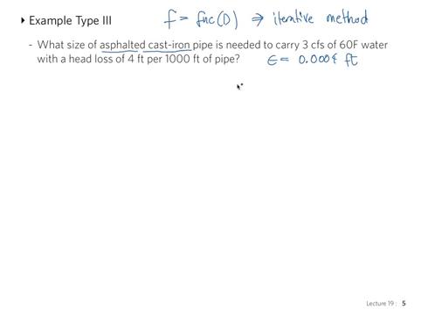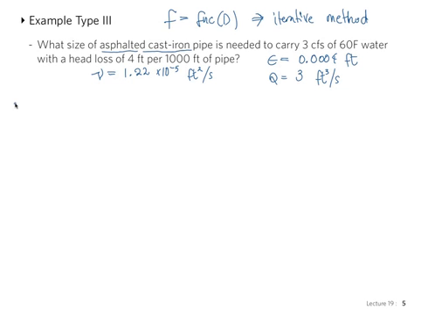We have Q equals 3 cubic feet per second, and we have water at 60 degrees, so we can get the viscosity in the appropriate units: 1.22 times 10 to the minus 5 feet squared per second.